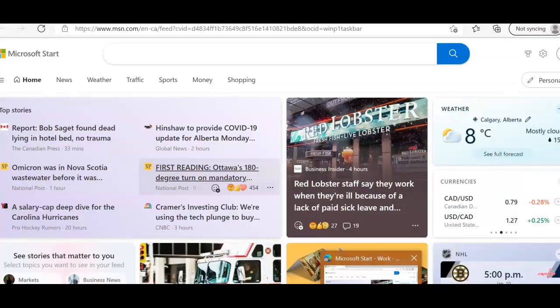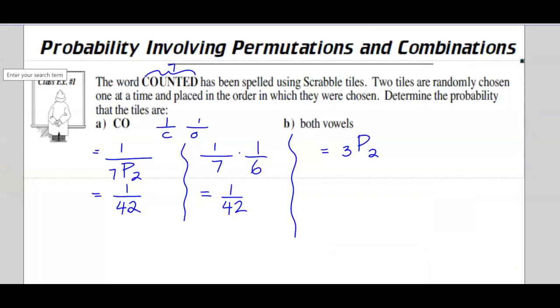So that's the total arrangements of any 2 vowels out of the total number of arrangements of any 2 letters. So that's going to be 6 out of 42, which is 1 out of 7.